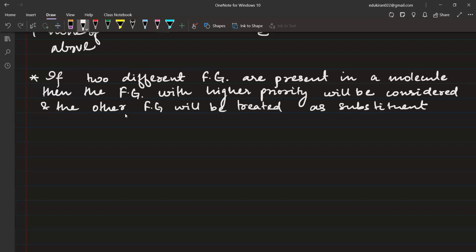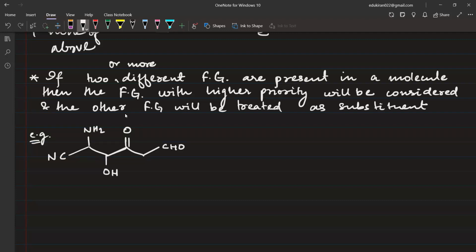Now, if there are two or more, if there are more also, then also they're going to treat it. For example, what are the functional groups that I have here?